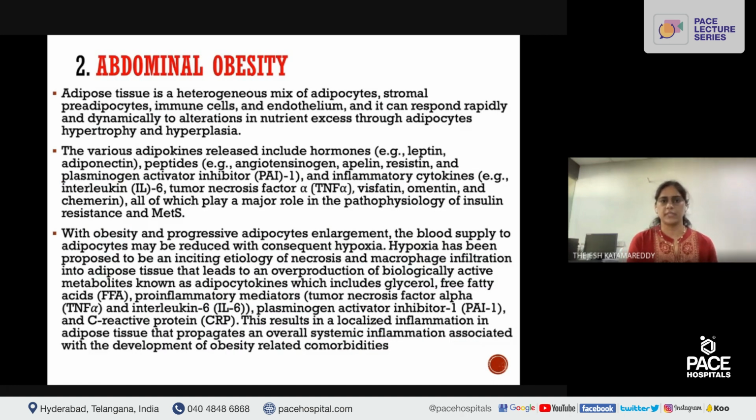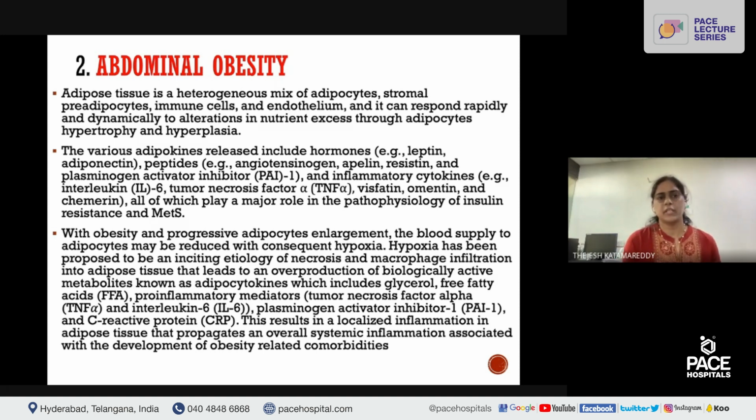Coming to abdominal obesity, as all of us know, adipose tissue is a mixture of adipocytes, stromal cells, preadipocytes, immune cells, endothelium, and all these put together form adipose tissue. When there is a nutrient excess, this adipose tissue can either increase in size or increase in number, leading to all the pathology in metabolic syndrome.